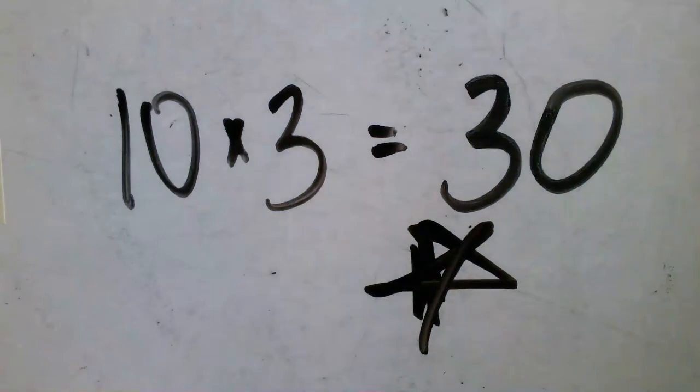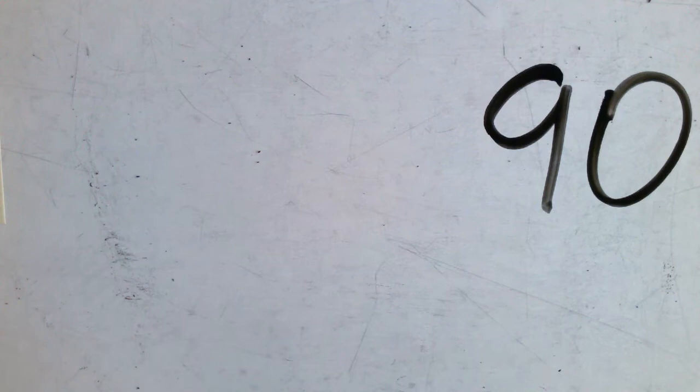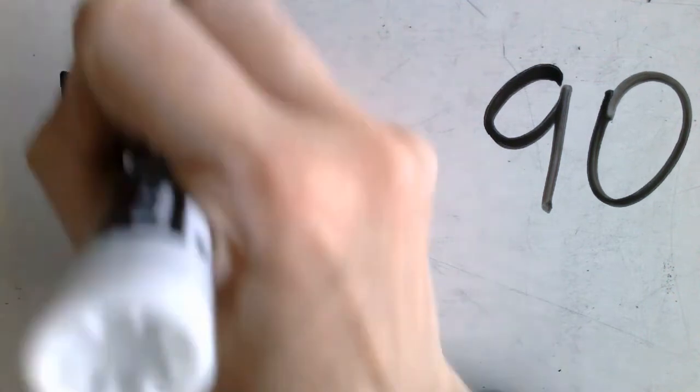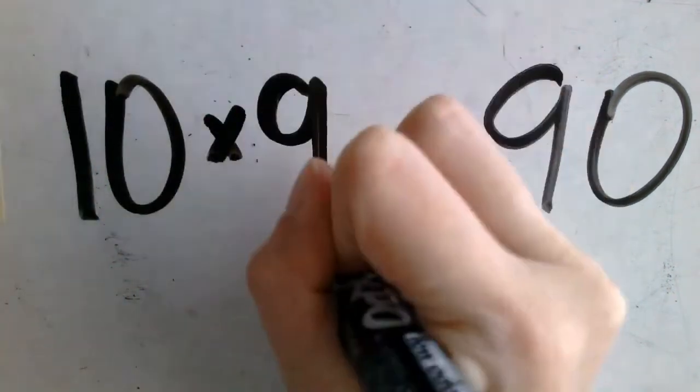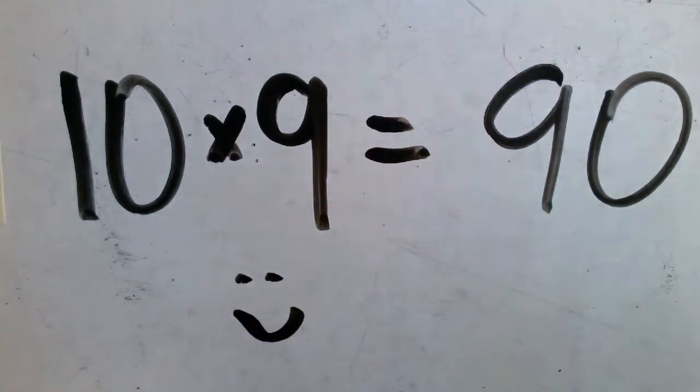Give yourself a star if you did so, and let's keep going. What if I wrote 90? What multiple of 10 would give me 90? Did you write the expression 10 times 9 equals 90? If so, you're on the right path.